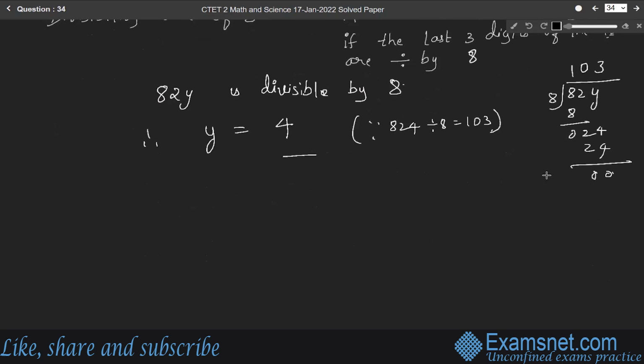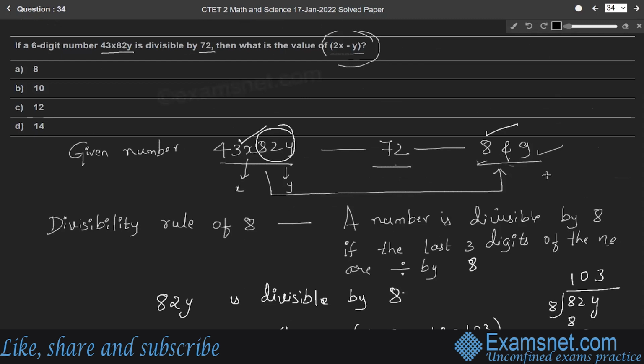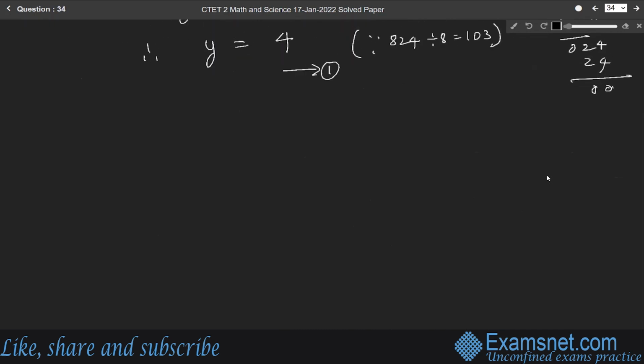So now we know the value of y. So how to find the value of x here? For that, we need the divisibility rule of 9. So what is the divisibility rule of 9?